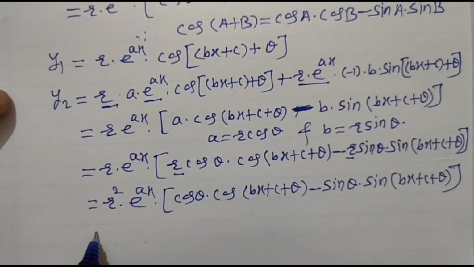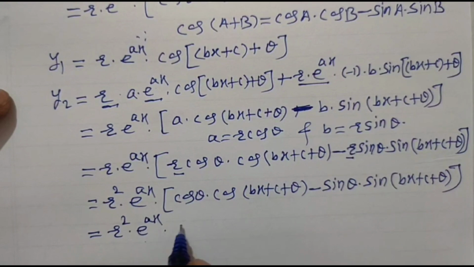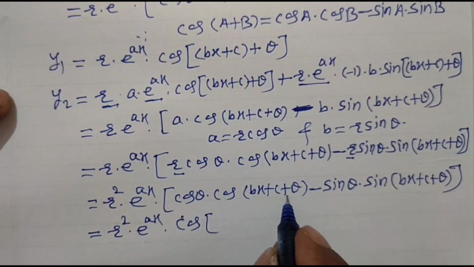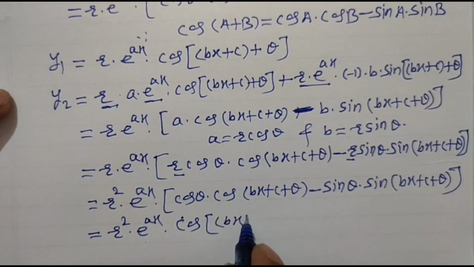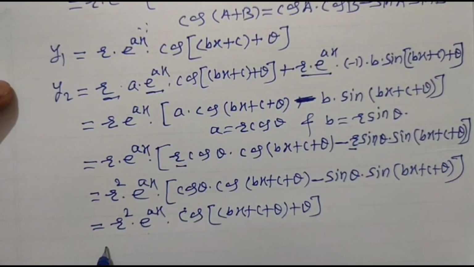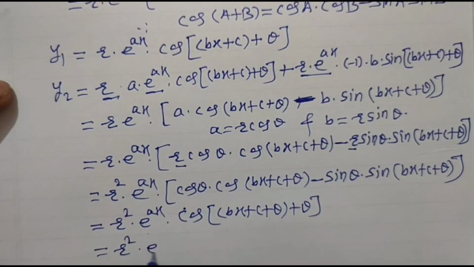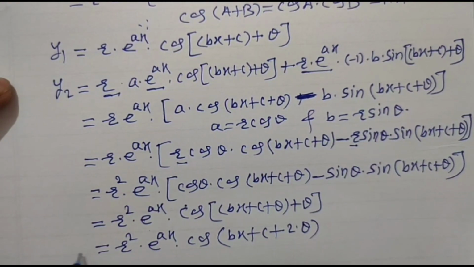Applying that formula, this can be written as r square e to the power ax into cos of bx plus c plus 2 times theta, and this is y2.